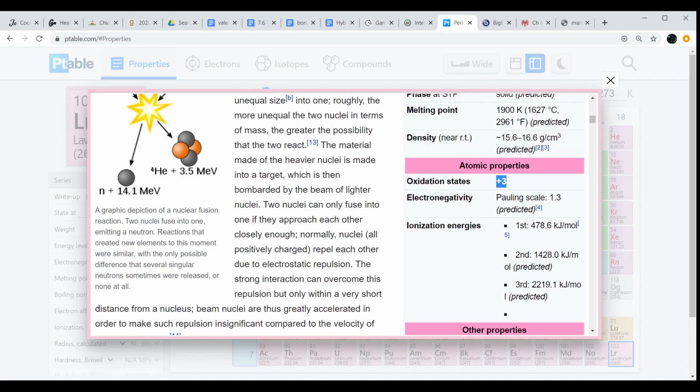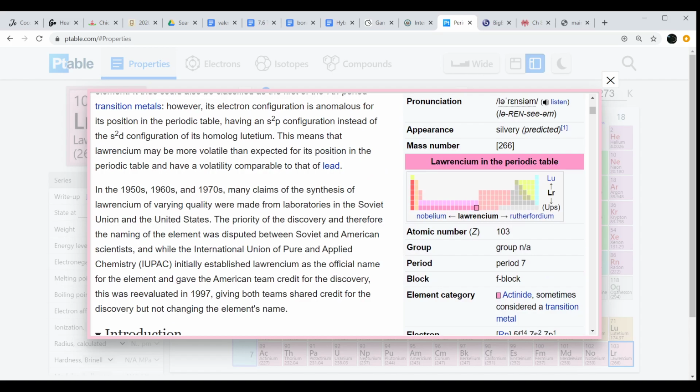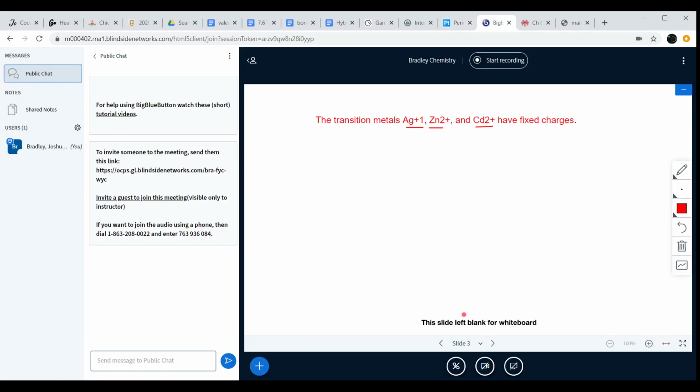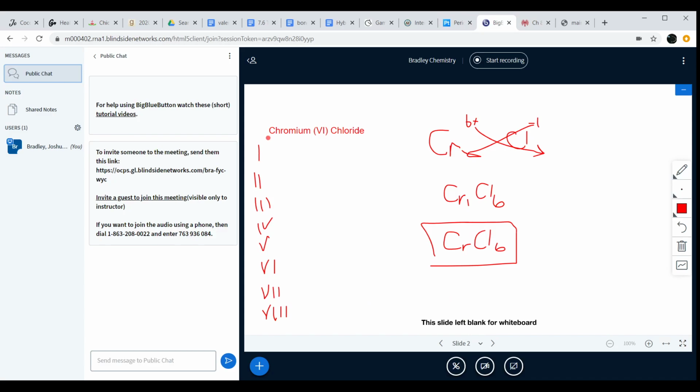All right. So that's just something to be aware of, that this is how we indicate which oxidation state it's going to be. It is always indicated in the actual name of the compound. And then later on we'll get to figure out how to do this process in reverse.